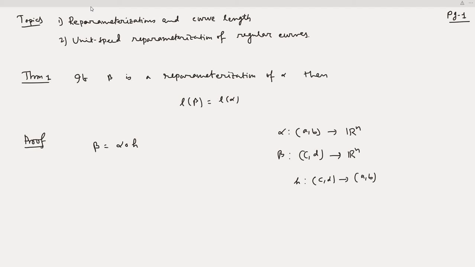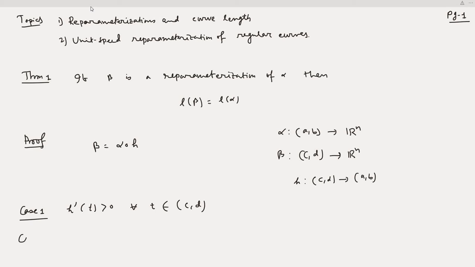So first we consider case 1: h prime of t greater than 0 for all t belongs to [c, d], that is beta is a positive reparameterization of alpha.